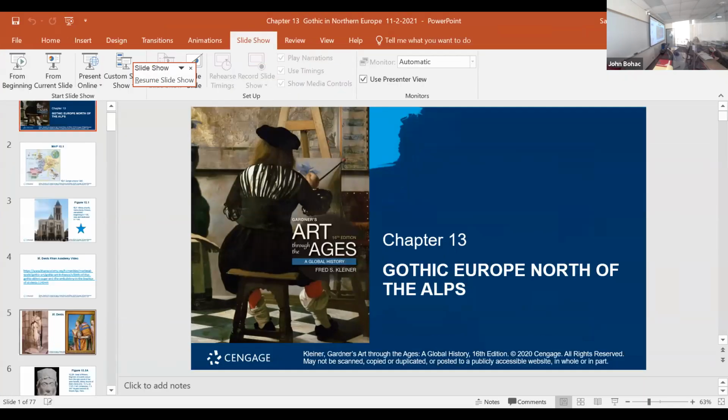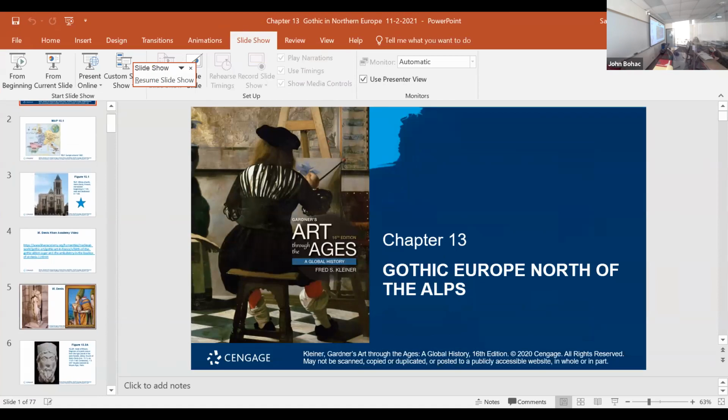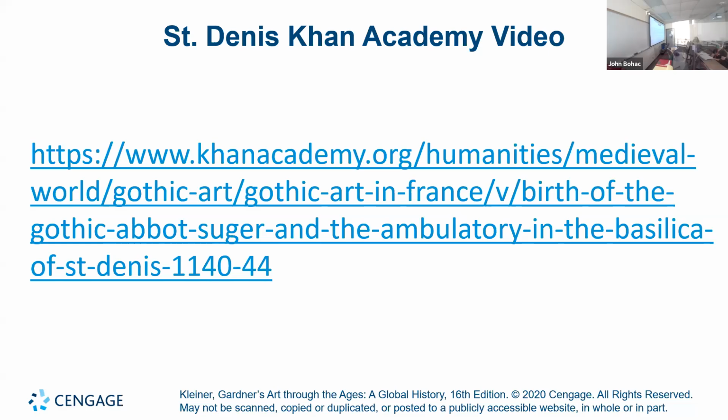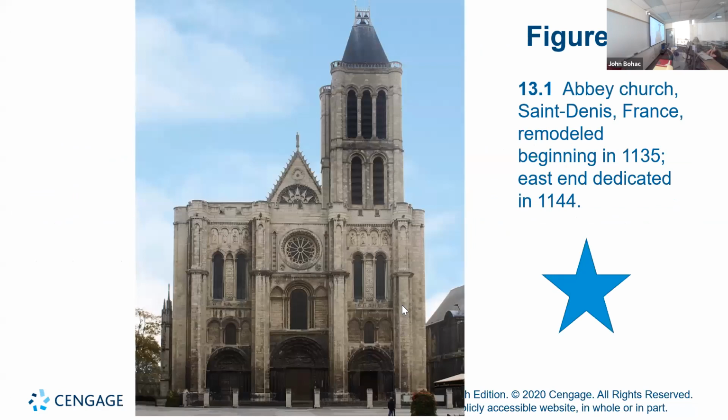And so I wanted to just say a couple of things about that. First of all, Saint Denis himself was really huge. He was the patron saint of France until the early 20th century when they changed patron saints. But I want to tell you his story.